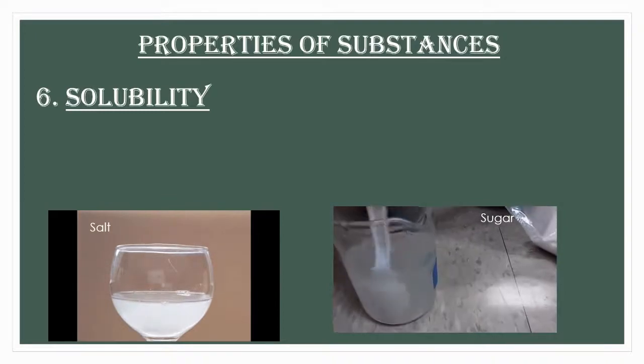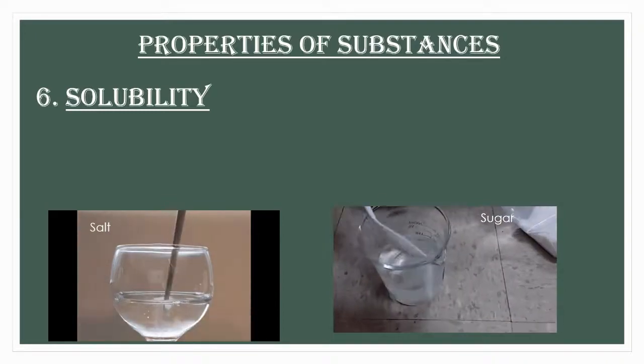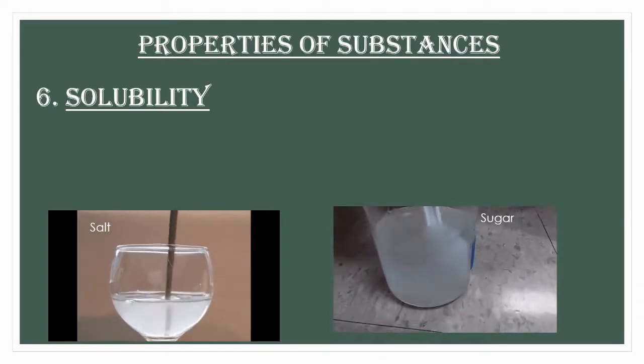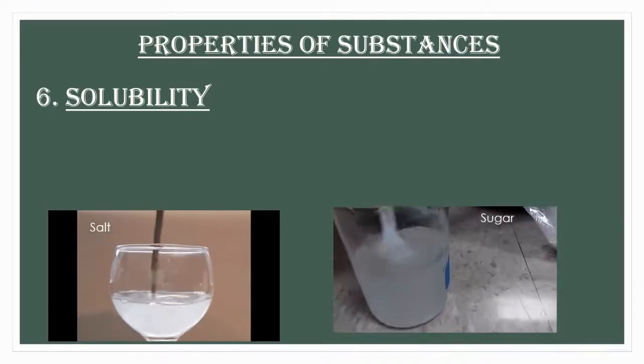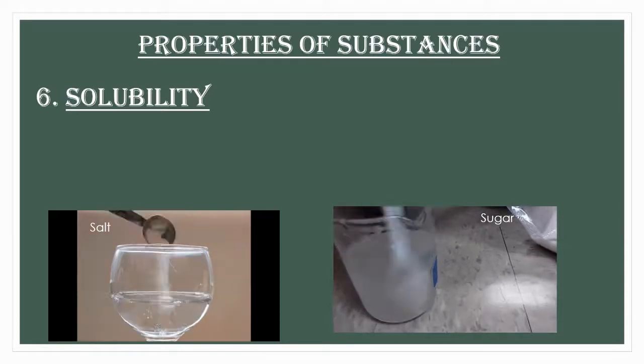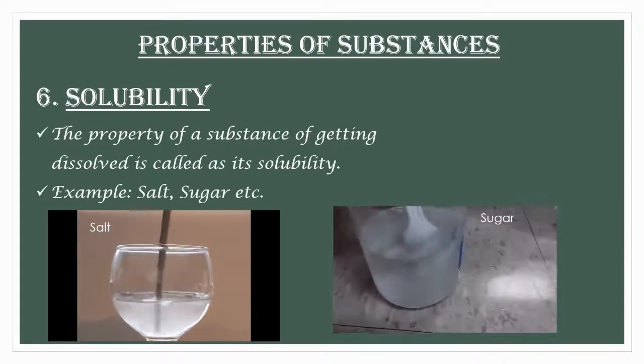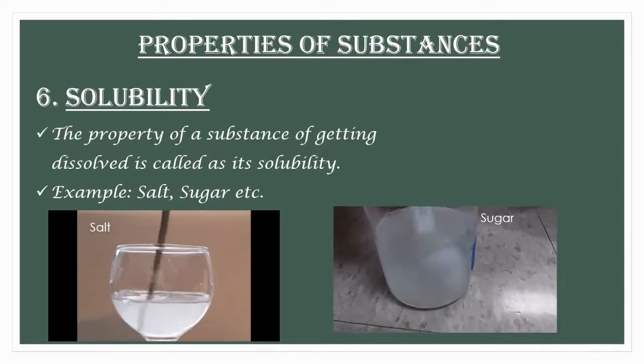For example, salt is soluble in water, but salt is insoluble in kerosene. So we can say that the property of a substance of getting dissolved is called its solubility.